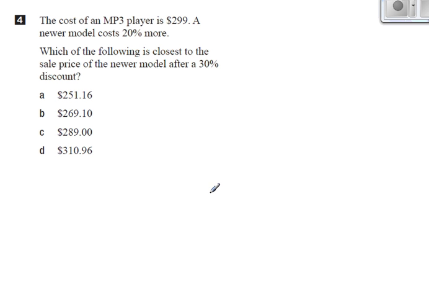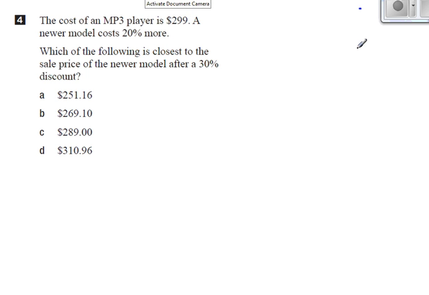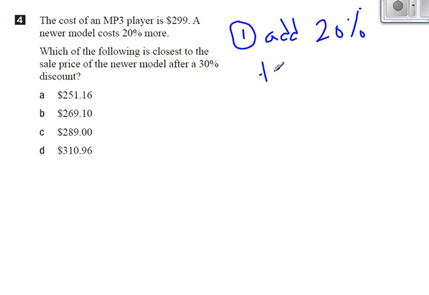We are now on to question number 4. It says the cost of an MP3 player is $299. A newer model costs 20% more. Which of the following is closest to the sale price of the newer model after a 30% discount? There's really 2 steps to this question. Step 1 is to add 20% to find the new price.